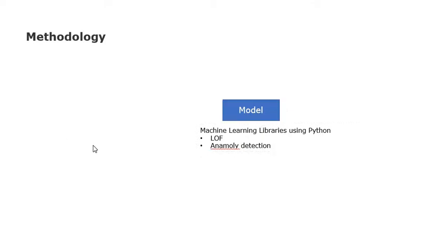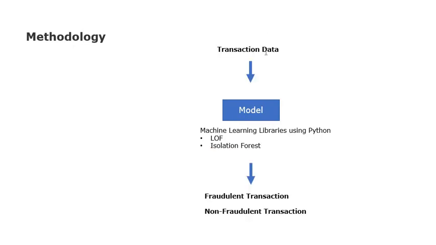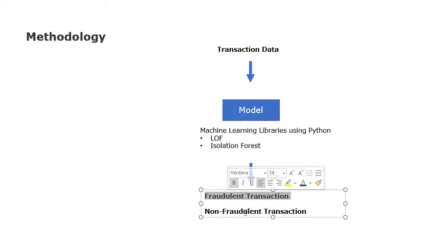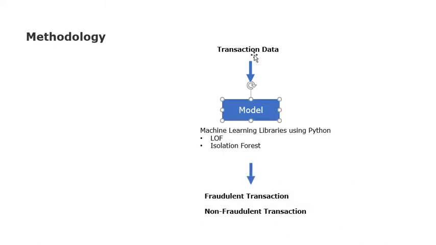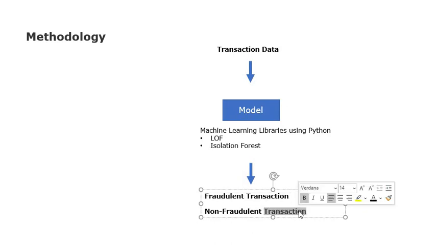So what does this model actually represent? This model is nothing but a piece of code. This piece of code takes transaction data as an input, and it tells whether the transaction is fraudulent or non-fraudulent. That is the output. The input for this model is the transaction data, and the output is the result, whether the transaction is fraudulent or non-fraudulent.